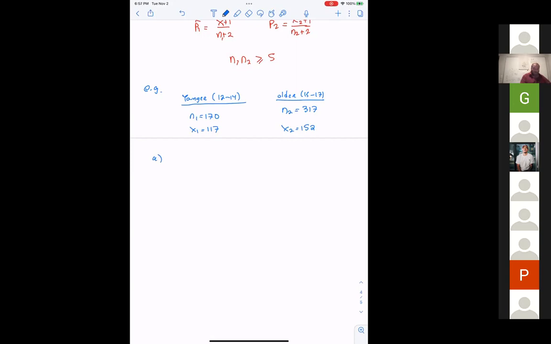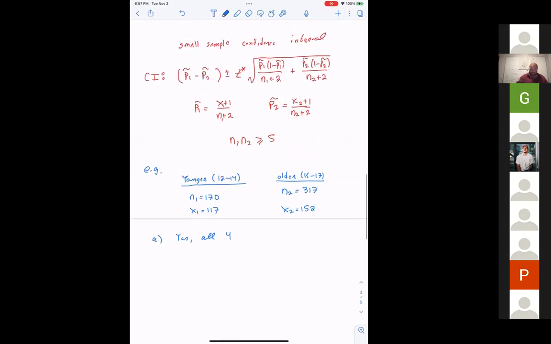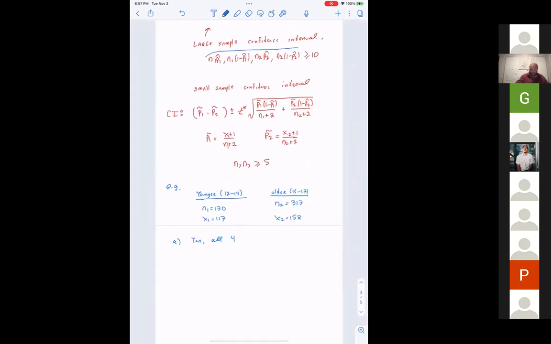Okay. So yes, all 4 of these criteria are met. That's why I don't speak English good. All four criteria are met.